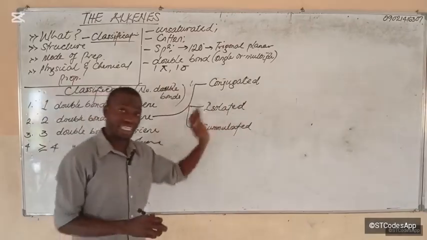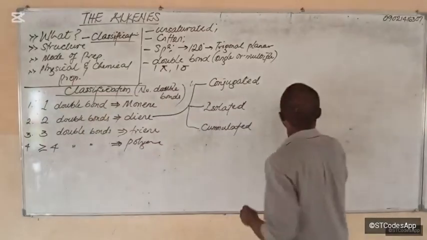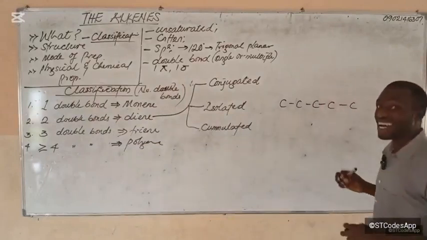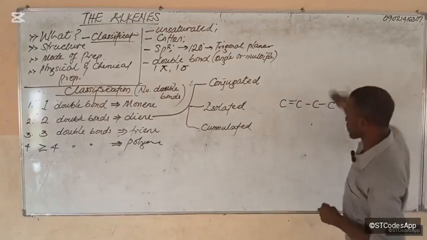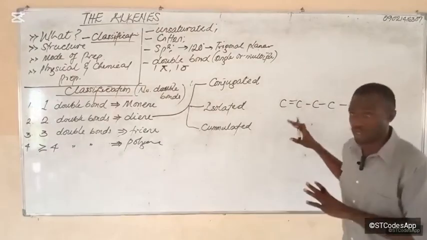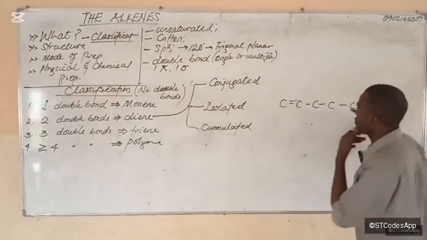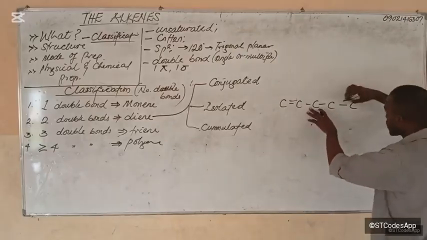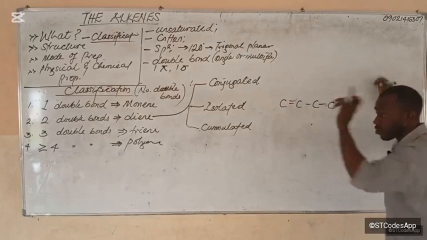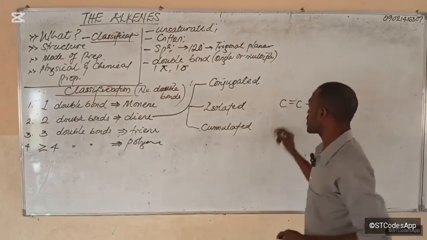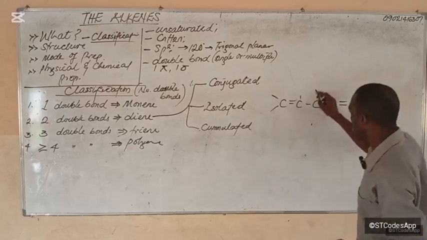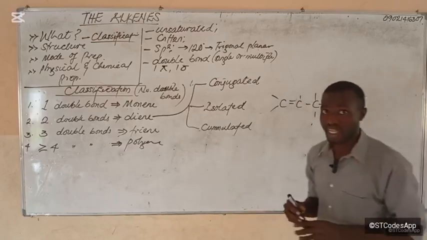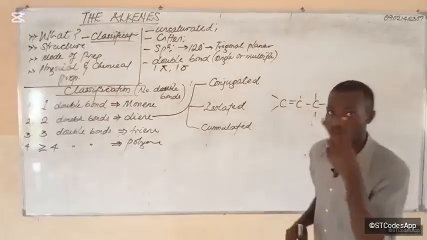Now, an isolated diene is when you have a carbon to carbon chain like this, and there's a double bond here, for example. This is just a skeleton I'm drawing. So you have a double bond here, and then the second double bond is at a position far away from the former double bond, at least two carbons away.